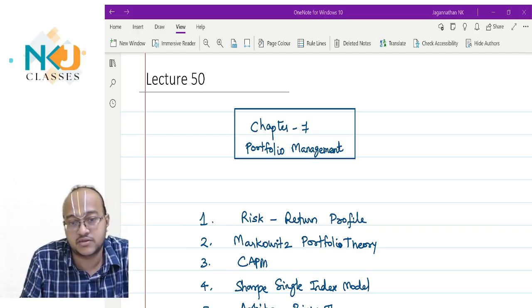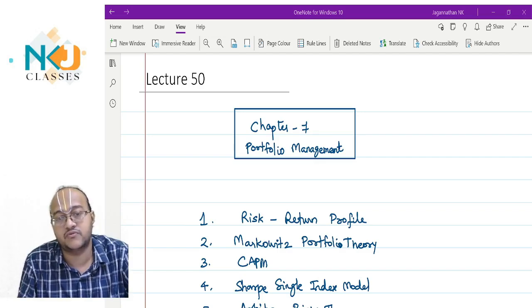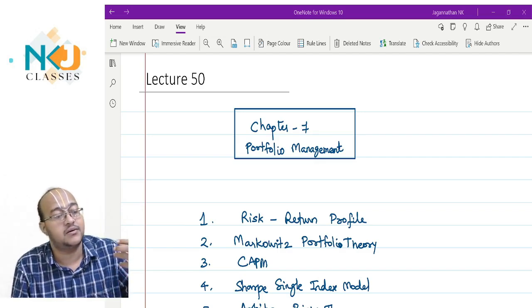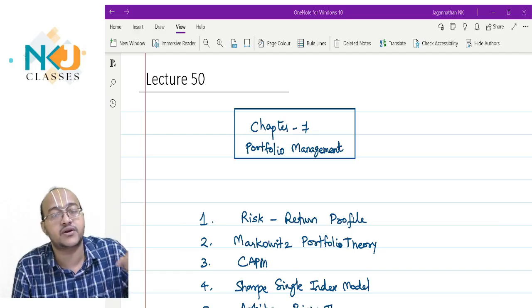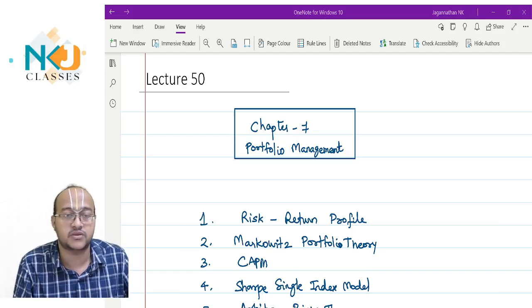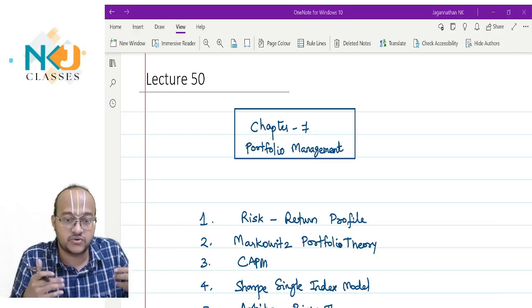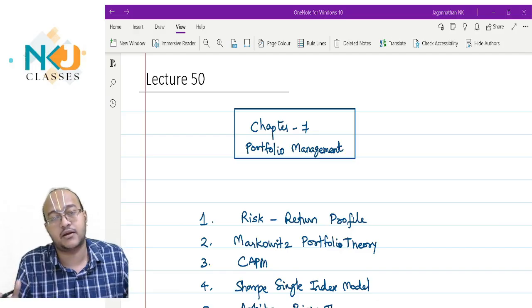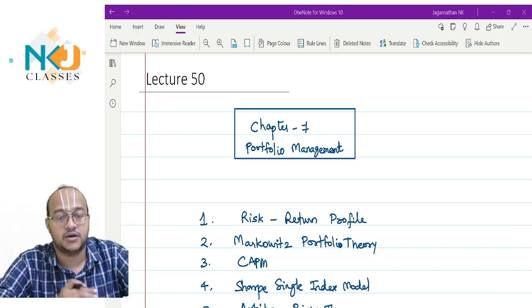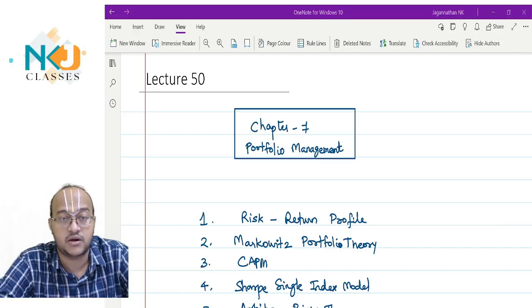In this chapter, first we need to quantify the risk for comparability. You need to quantify the risk of individual securities to compare across the market for all the securities available and to see how risky these individual securities are.